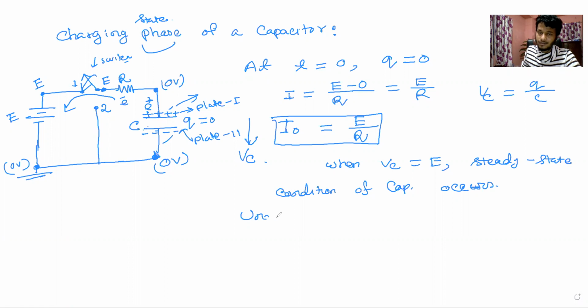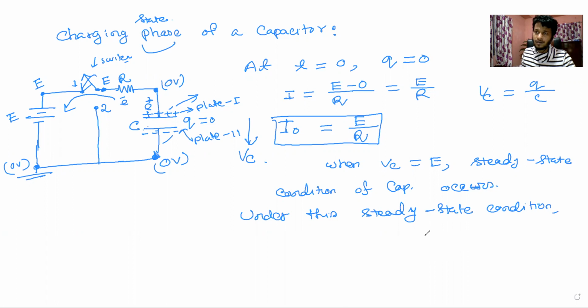And under this steady state condition, what will be the potential or voltage across the capacitor? Vc equals E. It is E, right? That means under steady state condition, the potential across the capacitor will be equal to the potential of the power supply.